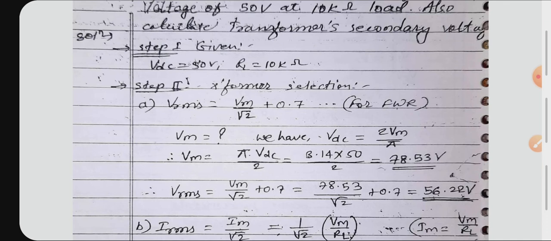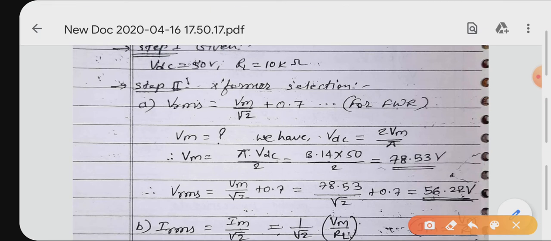The formula for full wave rectifier here is VRMS is equal to Vm by root 2, right? And here 0.7 volt is added. Why? Because in full wave rectifier, one diode is conducting at a time, therefore Vm by root 2 plus 0.7.